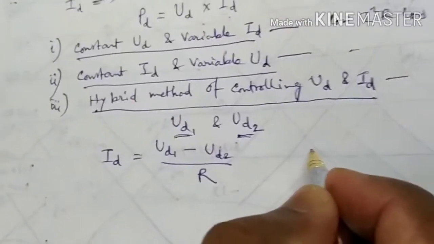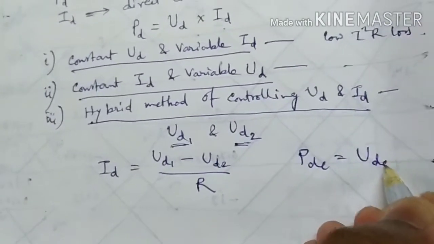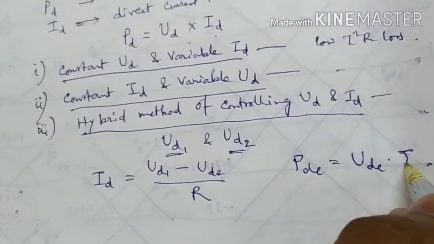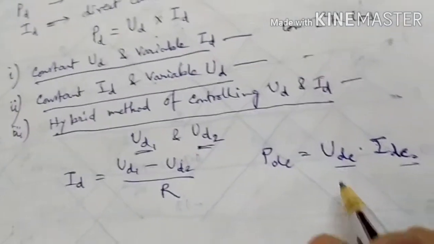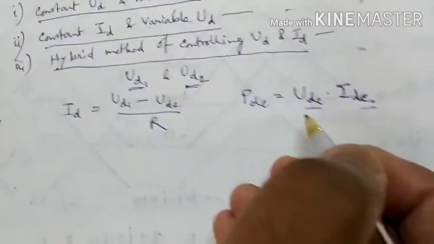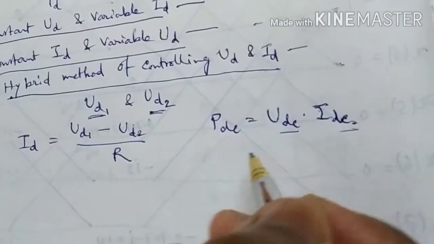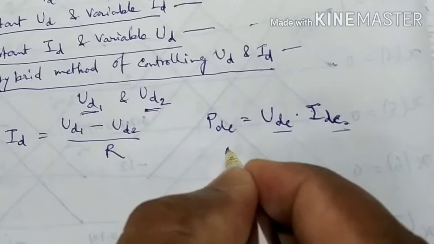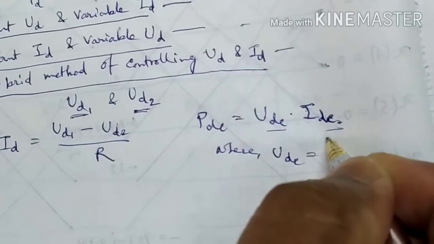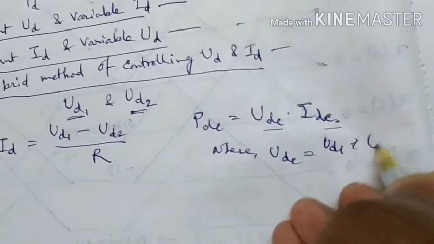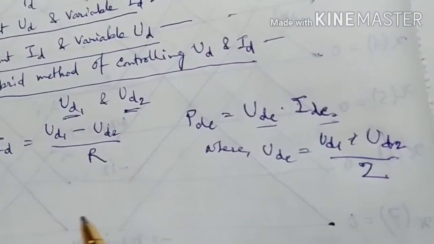So there will be PDC, that will be UDC into IDC, this direct current and AC voltage, where UDC will be UD1 plus UD2 by 2.